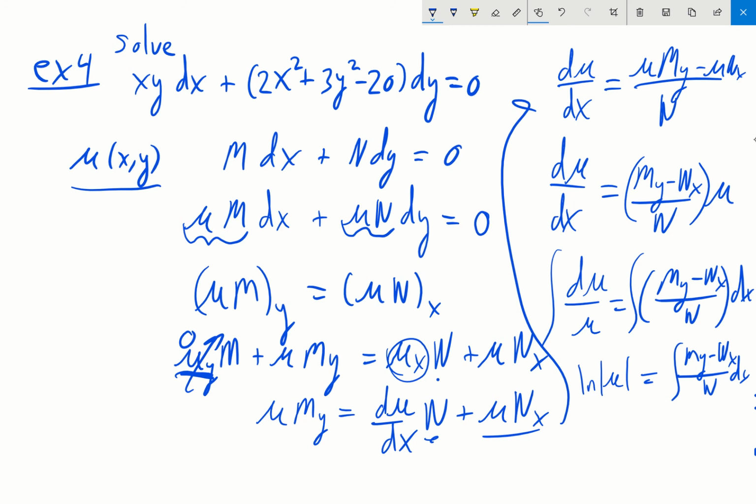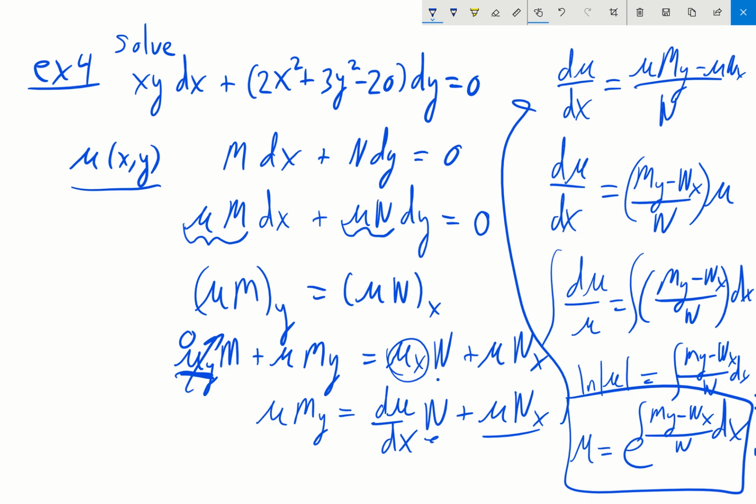I'm going to drop the absolute value because you just have a plus or minus sign, and then take e to both sides, and we would get that mu is going to be equal to e to the integral of M_y minus N_x all divided by N dx. And so this would provide us with an integrating factor that would allow us to turn the differential equation into an exact differential equation. And the book kind of skips this part of the derivation, but I at least wanted to show you what it would look like.